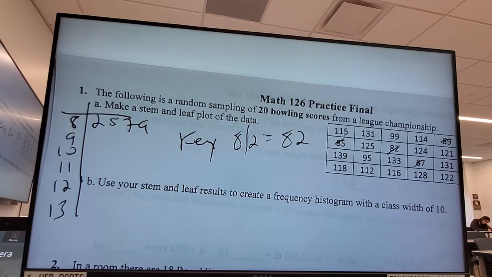And then, do you guys remember what a frequency histogram looks like? What shapes does it have in it? Anybody remember? Rectangles? Yes, rectangles.